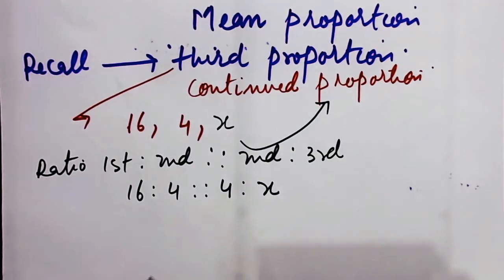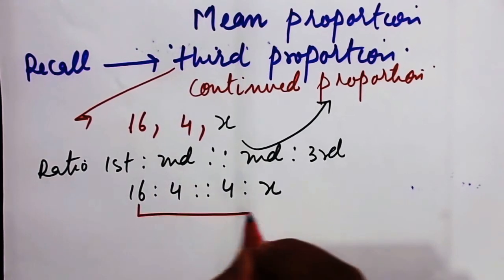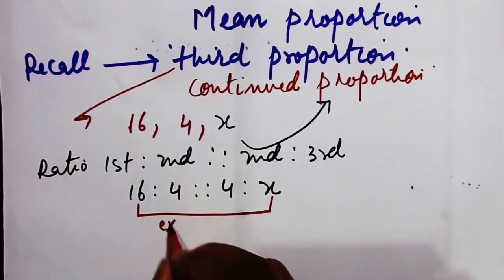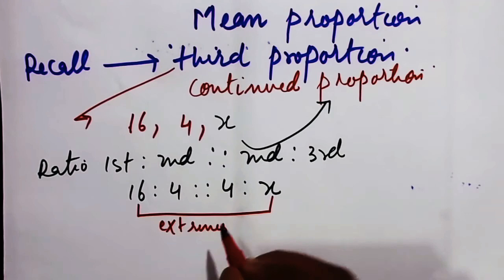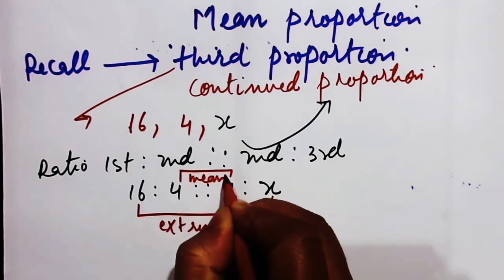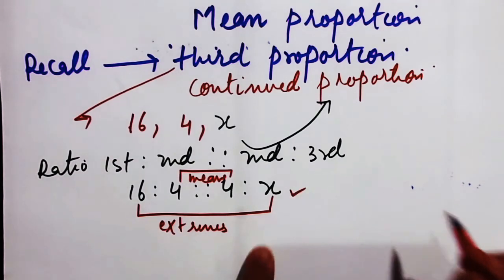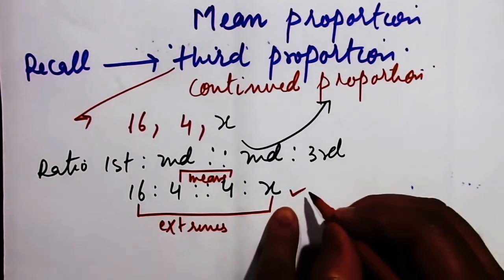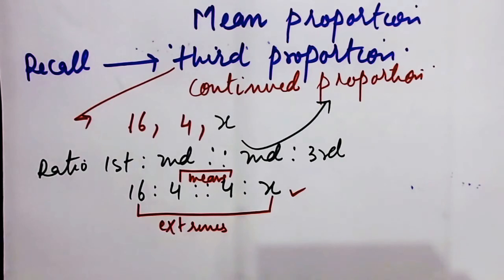And then finally what we do? We apply the product of extremes equal to the product of means. This we had done, and by this process we find the value of x.